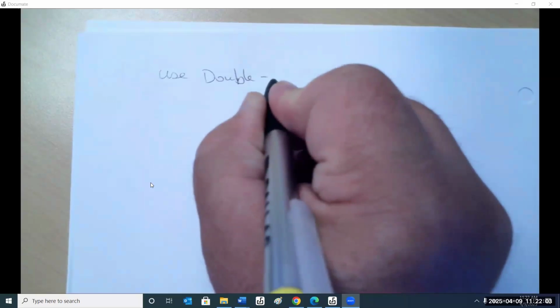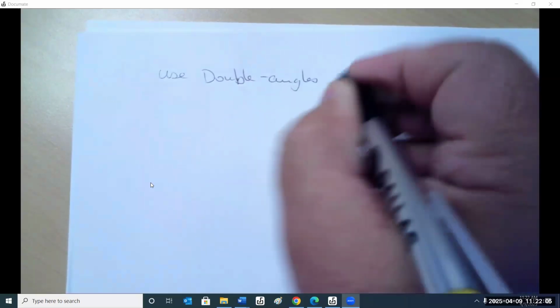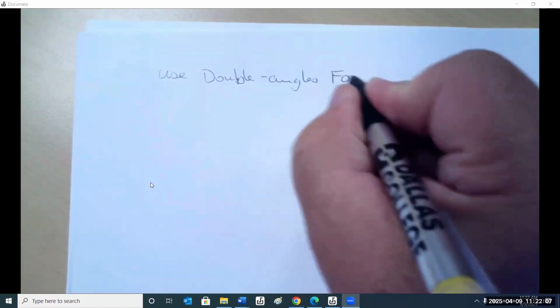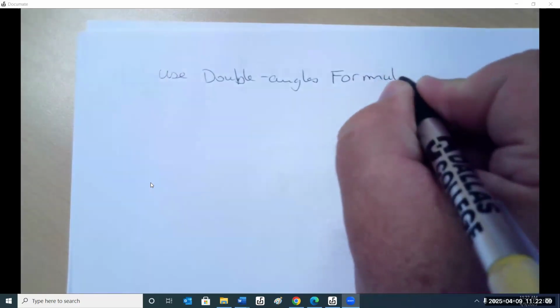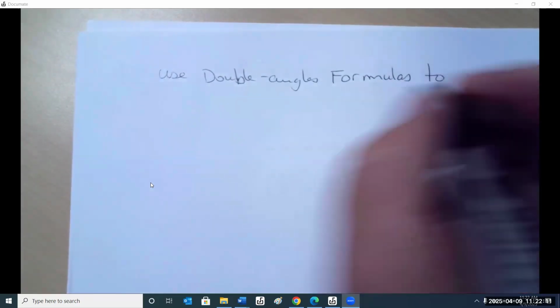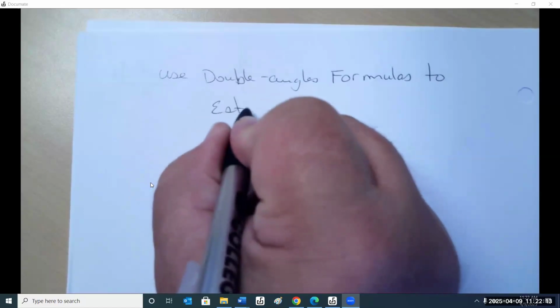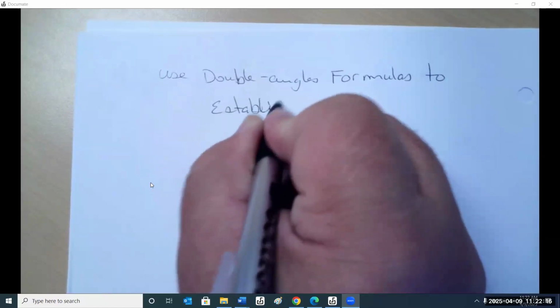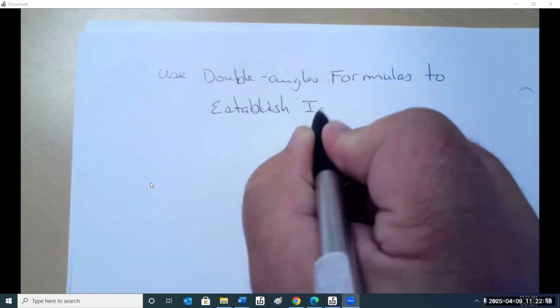Use double angle formulas to establish identities.